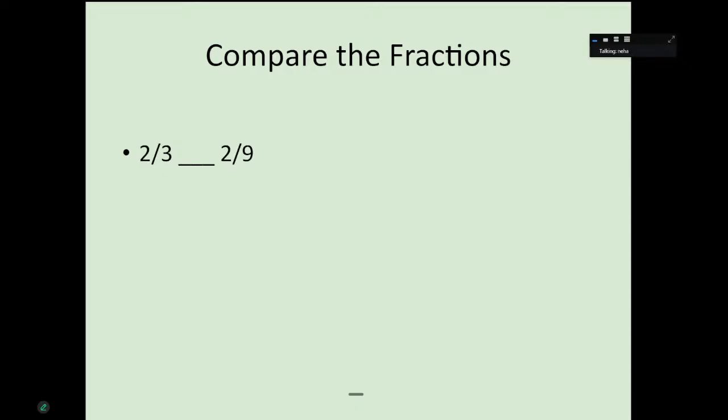Here we have 3 and 9 as the denominators, and the 2/3 will be greater than the 2/9. And then again we have 10 and 5 as the denominator, and so 7/5 is greater than 7/10.